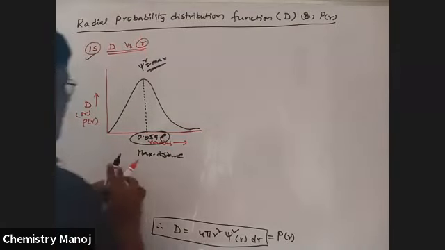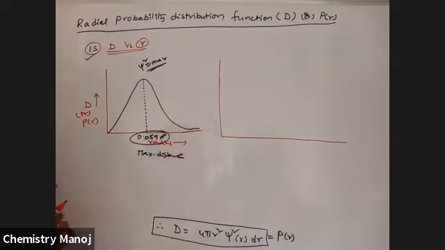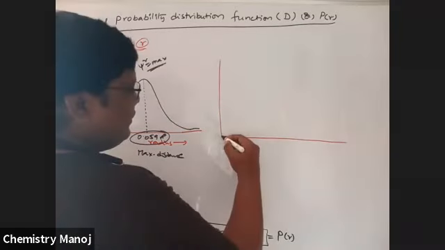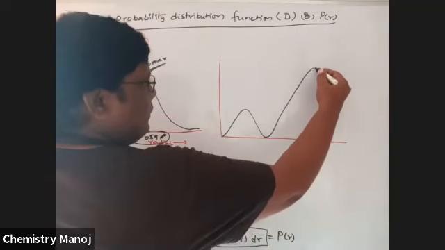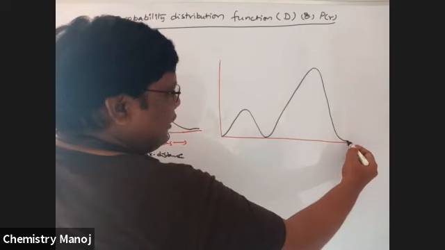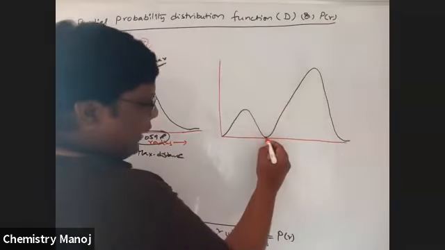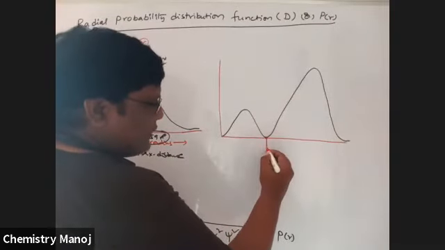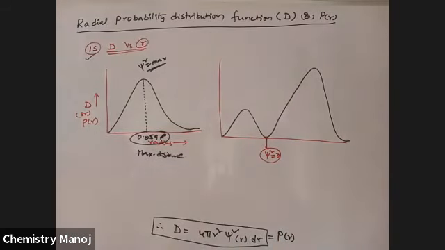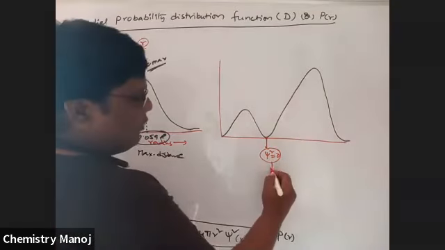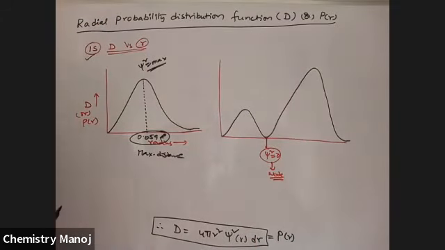For the 2s orbital, it is just like this. At the end, don't touch. Now, here is the point where psi square is equal to 0. That is the node. It is a point, which is why it is called a nodal point.